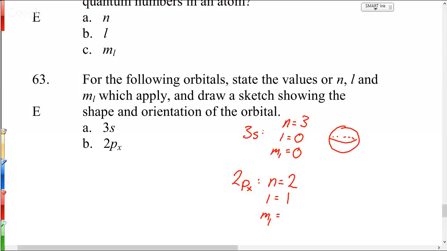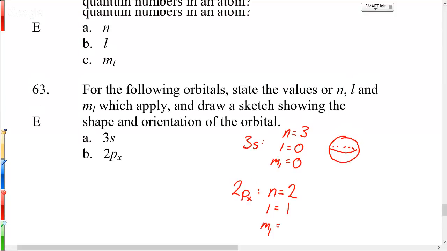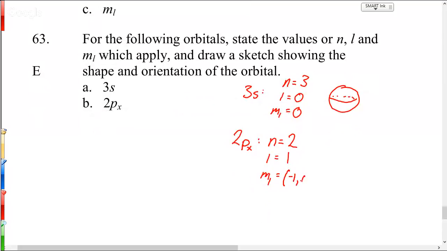Yeah, ML can take 3 different values here. So in this case, it says state the values which apply. So I don't know if it wants you to pick one or just say that it could be any of those three. We don't know. It could be any of those. And then a p orbital is going to have a shape like this. Because it's the px, what does that tell you?